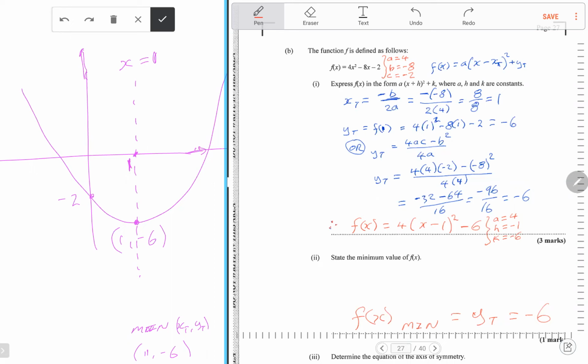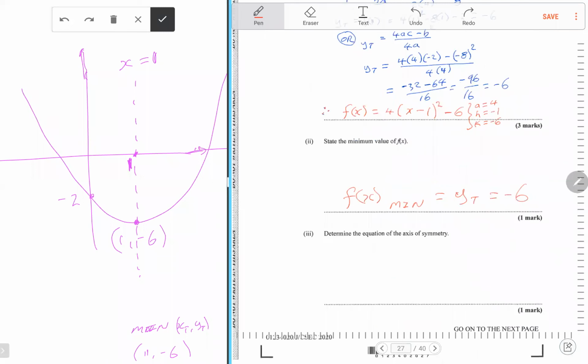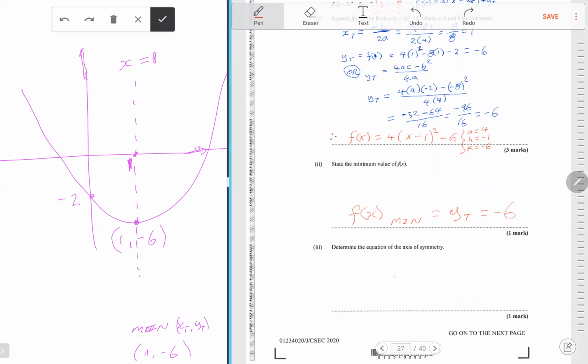So the equation of the axis of symmetry is x equals the xt value, which is 1. That's the equation of that vertical line. X equals 1. Easy question.